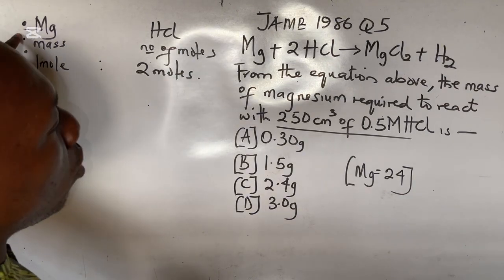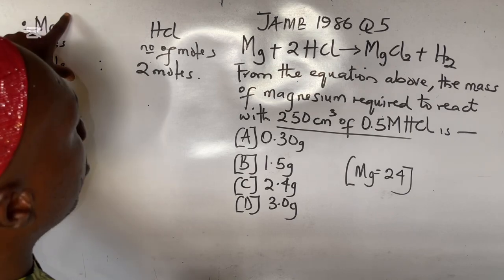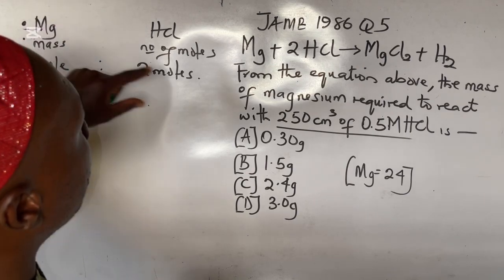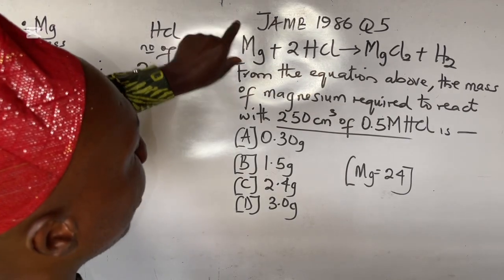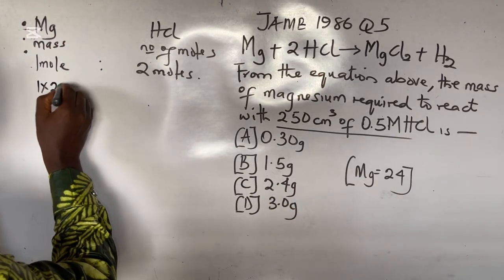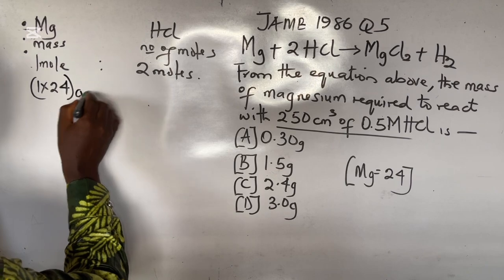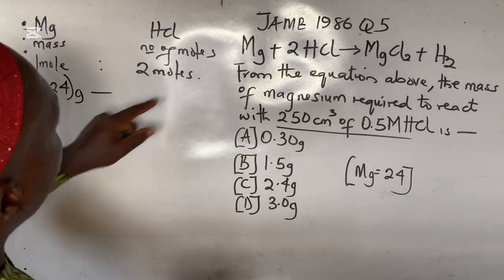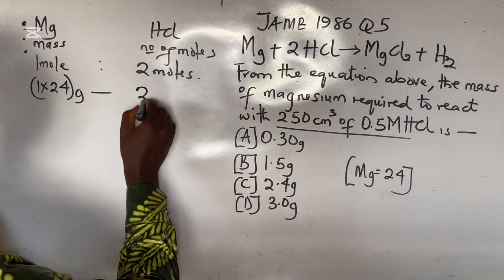For magnesium, 1 mole has a mass of 24, so that's 1 times 24, which gives 2 moles. So we put it there.